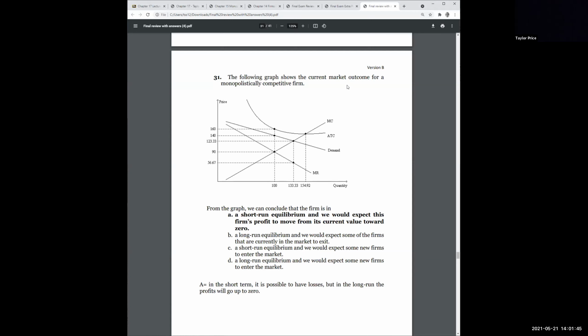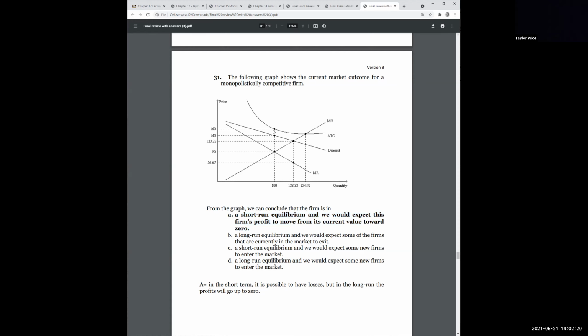Okay, so current market outcome for a monopolistically competitive firm. Given the graph, the correct answer is, in short run equilibrium, we would expect this firm's profit to move from its current value towards 0.